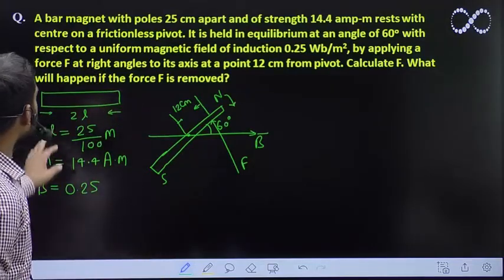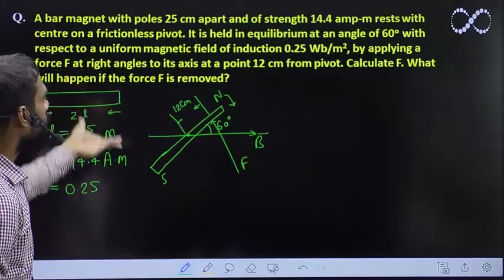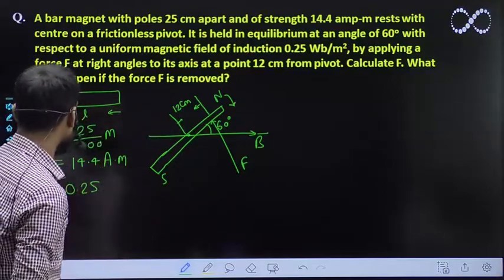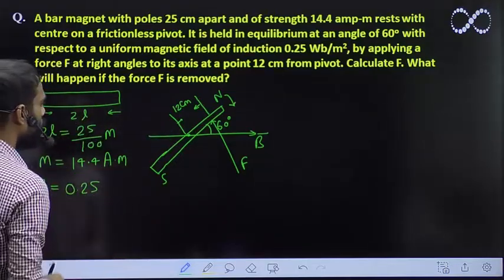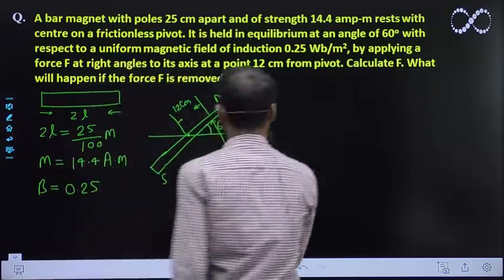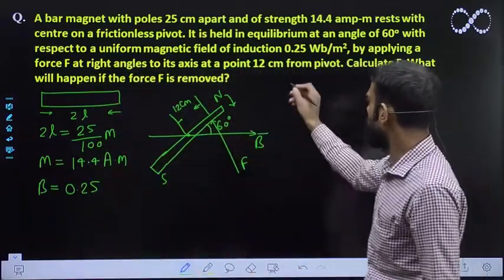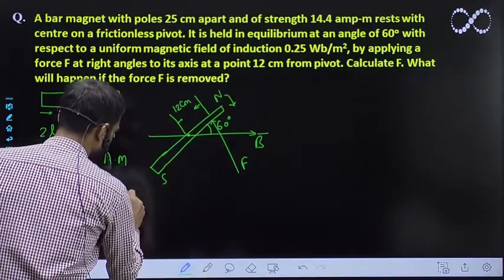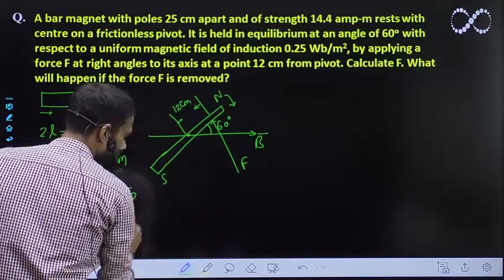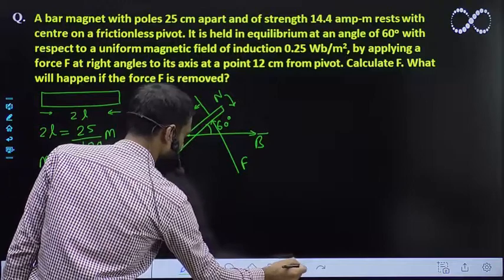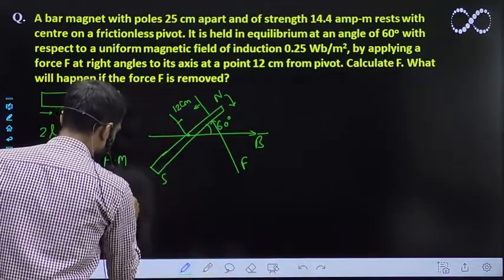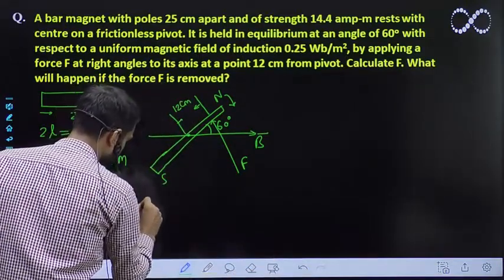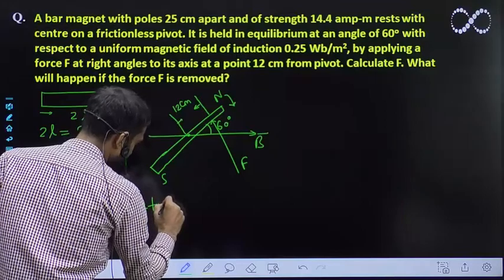Now it is saying calculate the value of F. First let us find the torque due to the B vector.